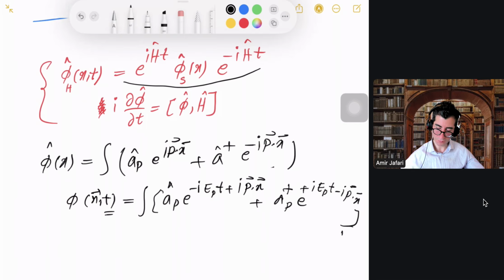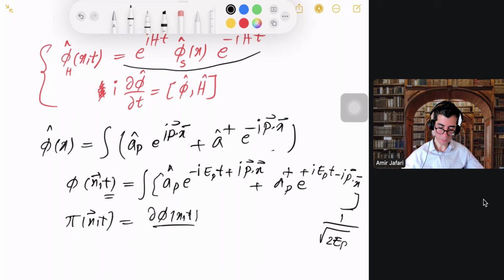Basically, it's 1 over the square root of 2ω_p, or E_p, right? And pi is defined in a similar way, but basically it's the derivative of phi(x,t) with respect to t. It's phi dot, so we don't need to write the explicit form of pi here.